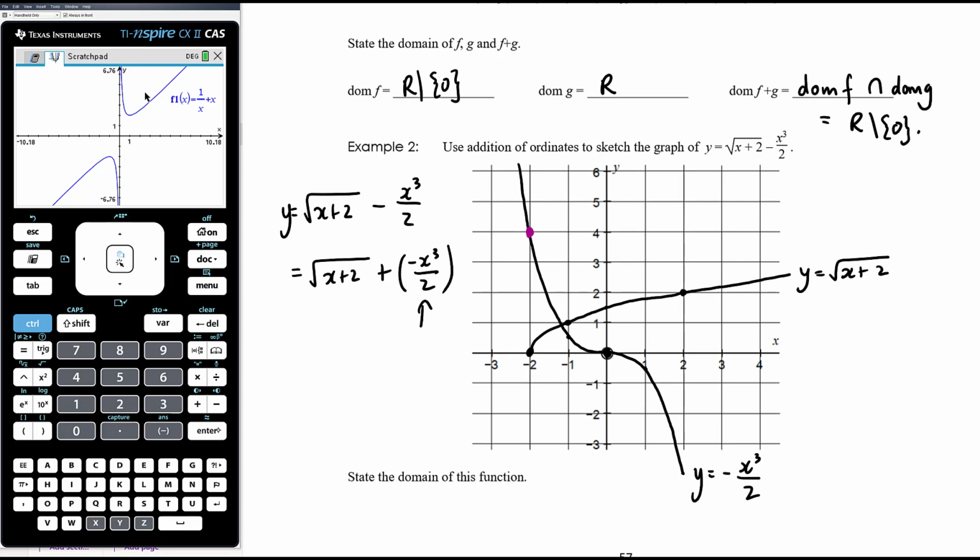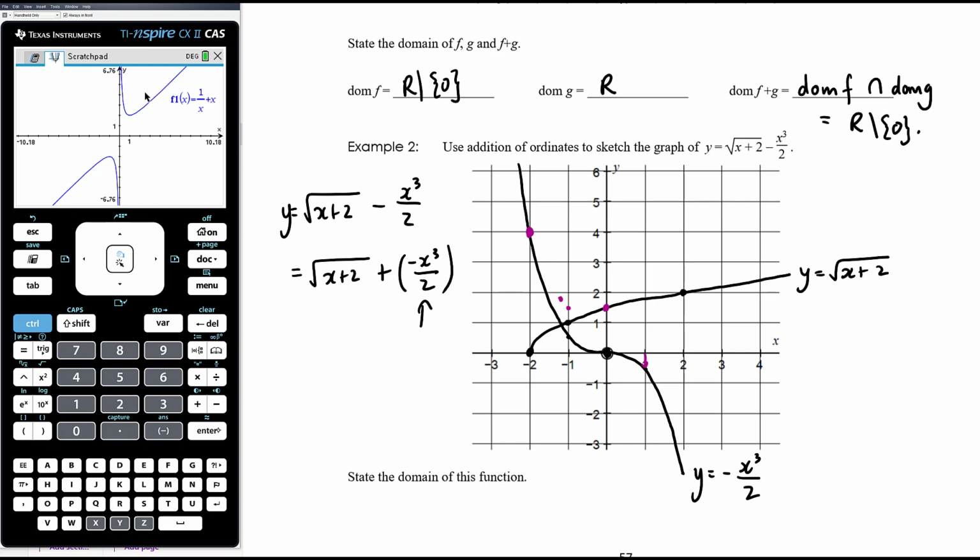The two graphs are crossing here just a little bit less than 1, so when we double a number that's a little bit less than 1, it's just that bit less than 2. Here this is 1 plus a half, so that's going to be 2.5, so it's going to look something like that. Here at x equals 0, the y value of the cubic is 0, and so adding together the two y values is just going to go to there.